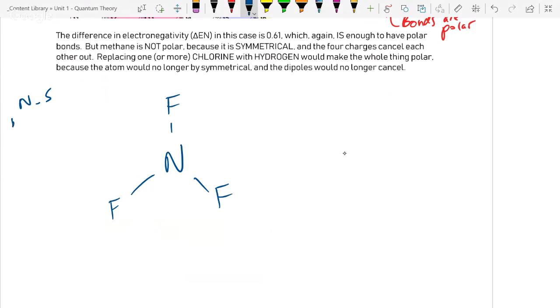Fluorine should have 7 each, for 21, for a total of 26. I know I'm kind of rushing through this, but I just don't want to spend forever on the Lewis diagram. I'm going to fill the octets. That brings me to 8. The next one will bring me to 16. And the third one will bring me to 24. What do I need to do?